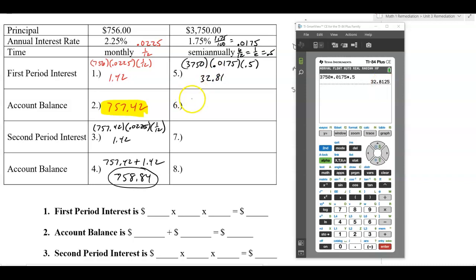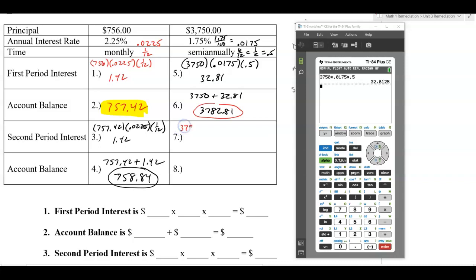Now I can figure out my new account balance by taking 3,750 and adding the 32.81, and that would give me a new balance of 3,782.81.